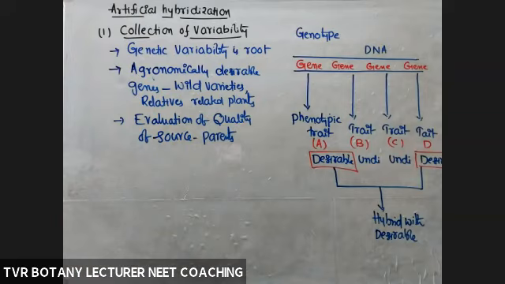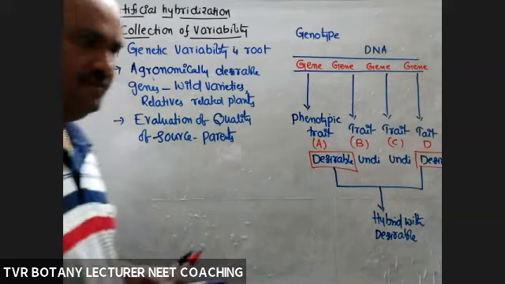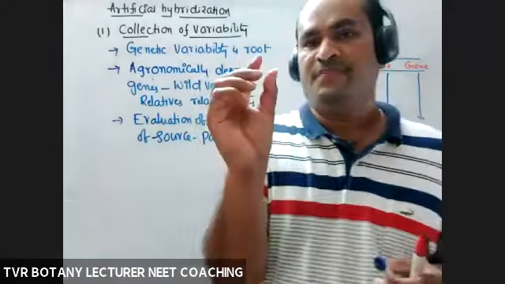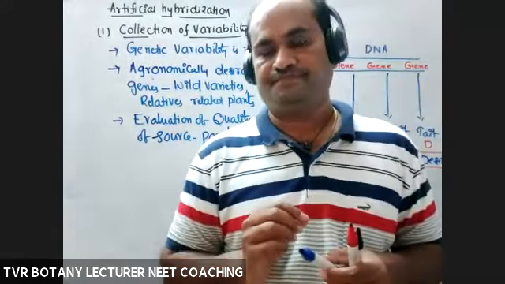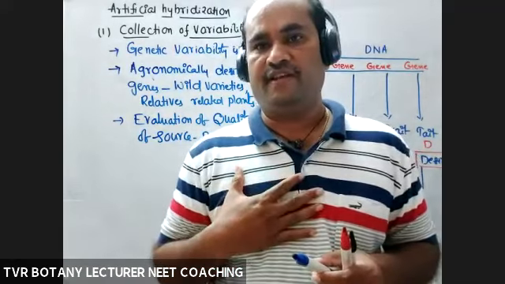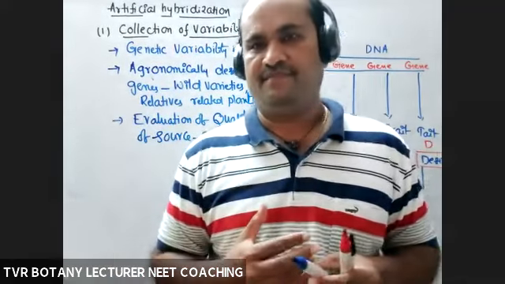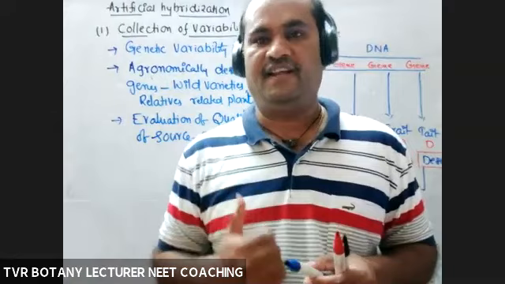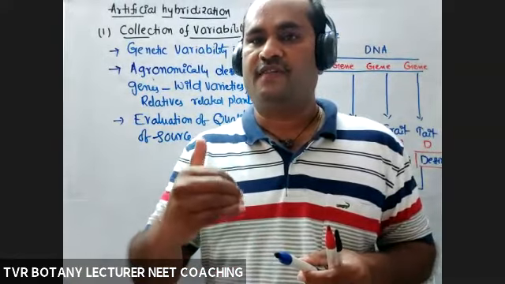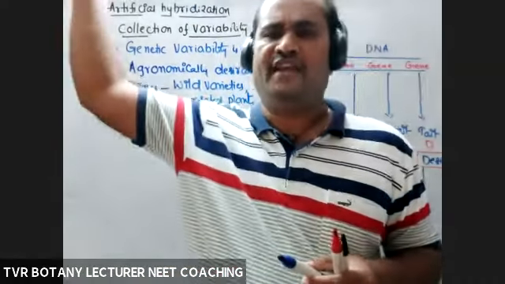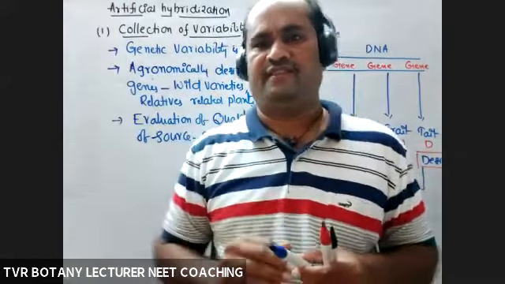So in the pre-existing, already available. Pre-existing means already available. For example, take a cotton crop. Nowadays, we are cultivating BT cotton or some other cotton. Definitely, that cotton was from one wild variety. Once upon a time, we domesticated.